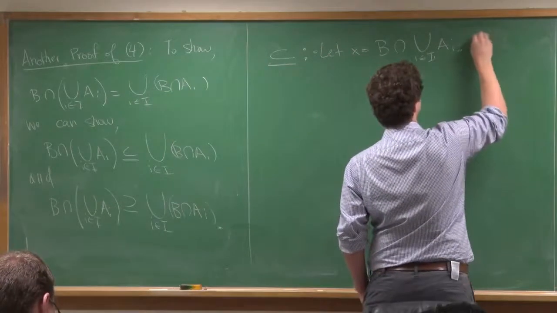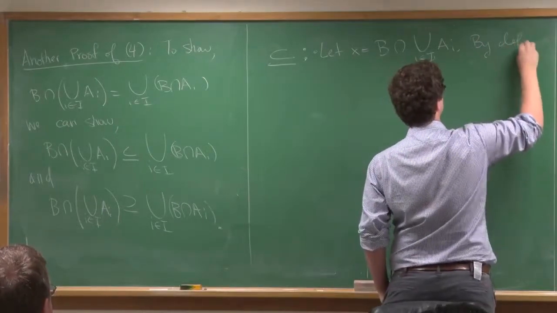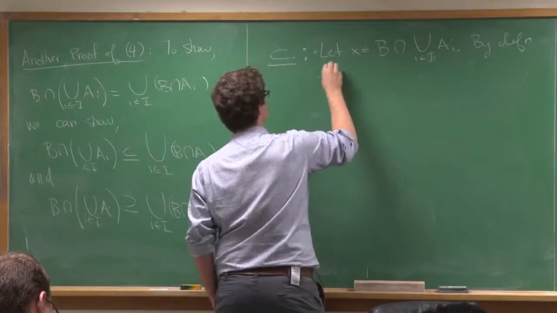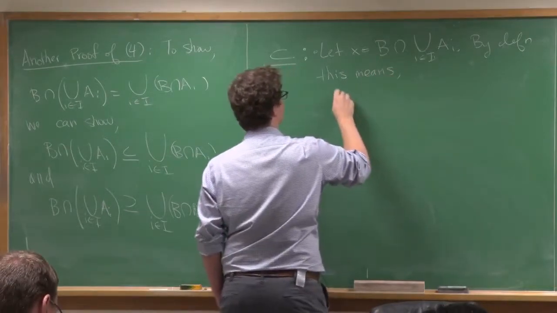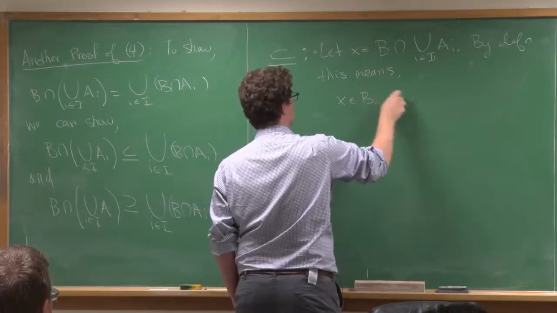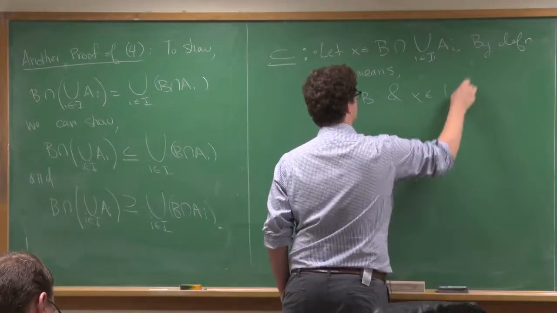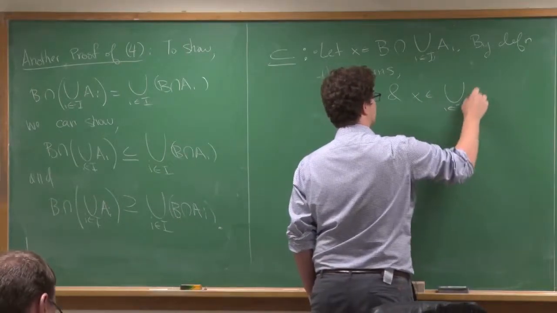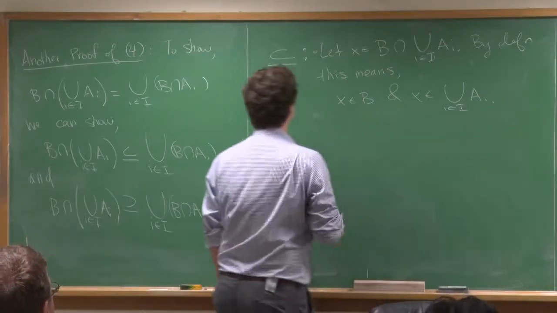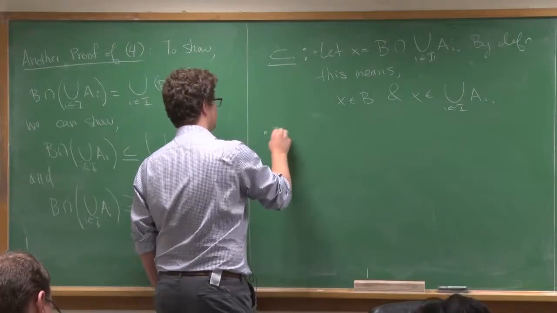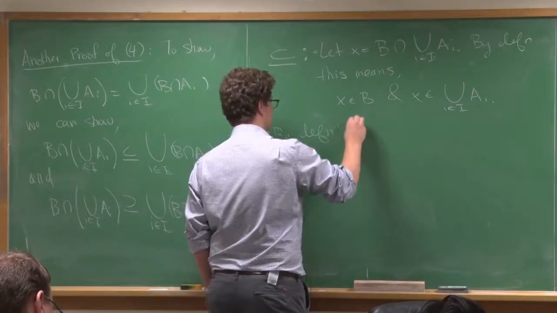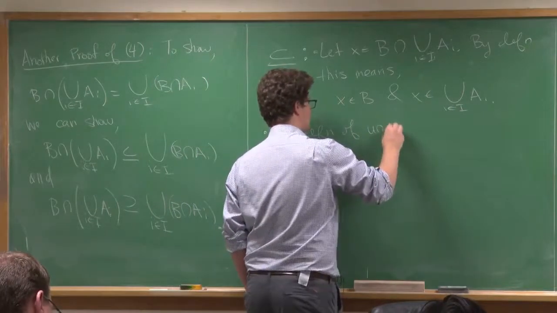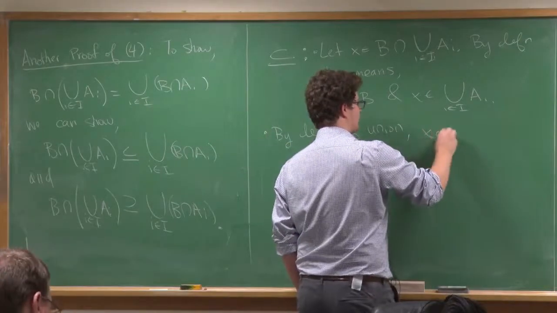By definition, this means that x is an element of B and x is an element of this big union. By definition of the union, x is in this big union.